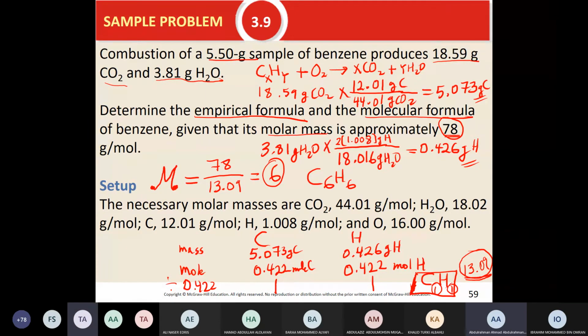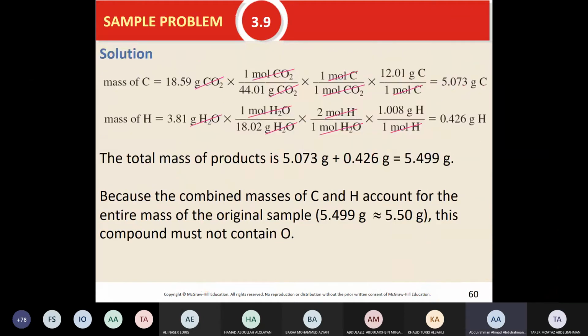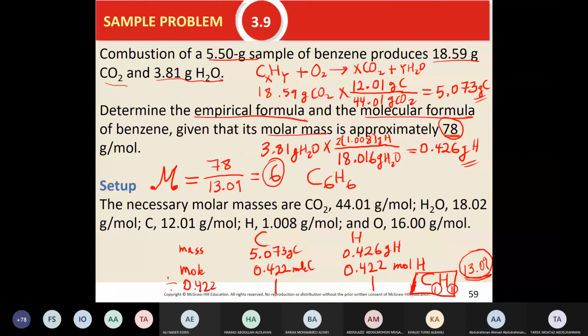Is this clear? Doctor, for the 78, it will be given in the question? Yeah, exactly. The 78 will be given in the question. Good. You take whatever is available for you in the question, divided by the molar mass of the empirical formula, which we calculated as 13.09, which is 12.01 plus 1.008.